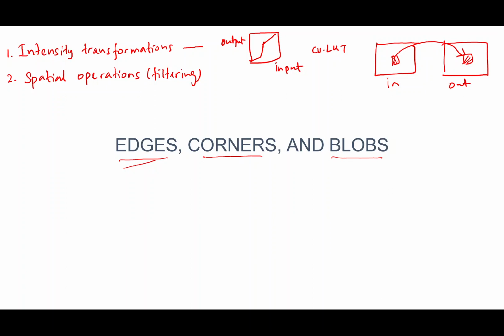But when we consider spatial operations, the corresponding output pixel depends not only on the input pixel, but perhaps a neighborhood of the input pixel, say a 3 by 3 neighborhood.